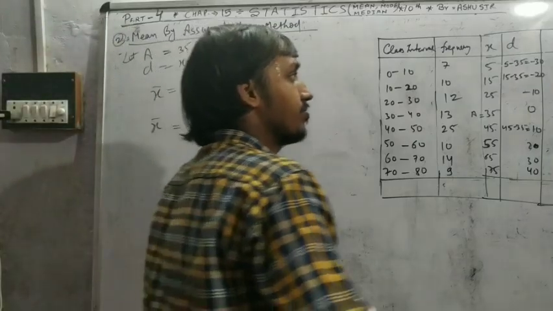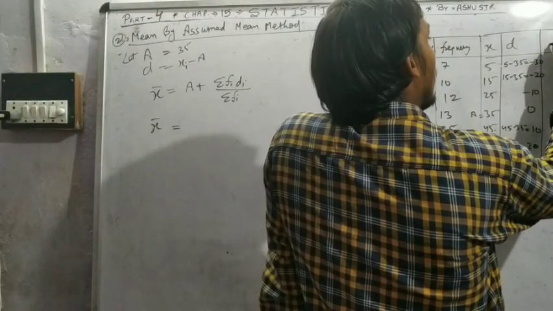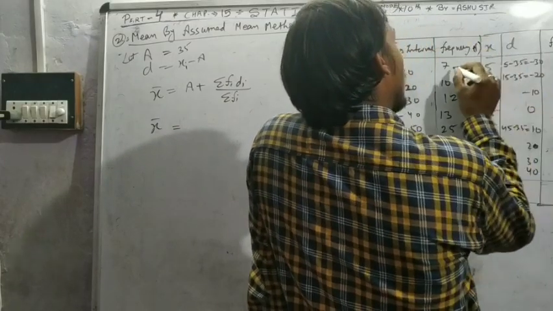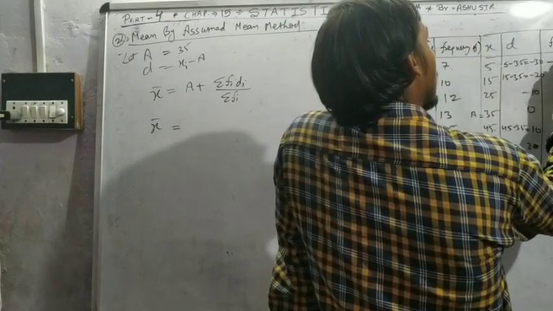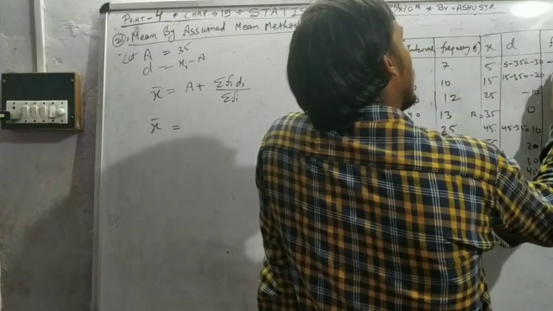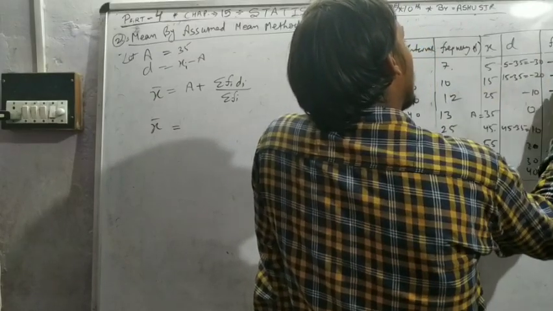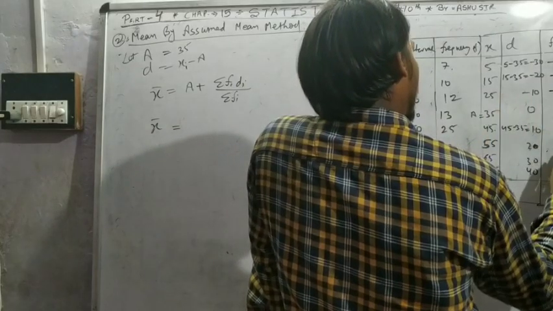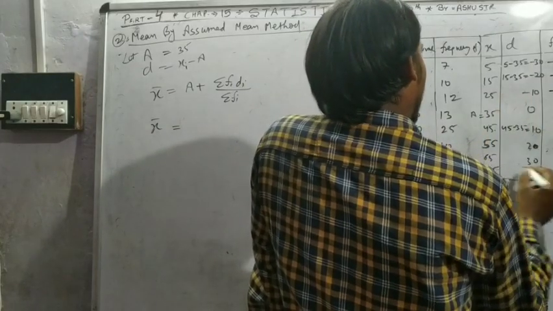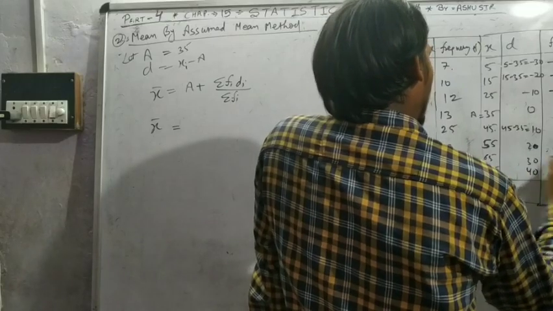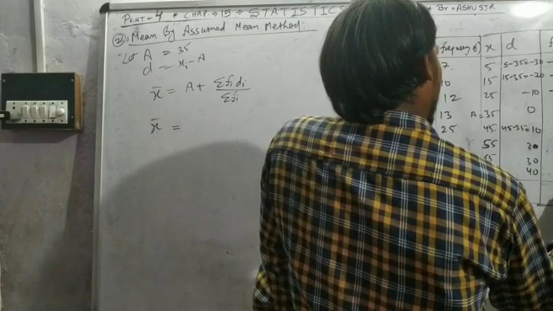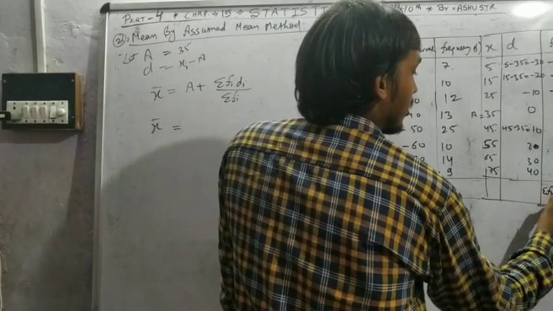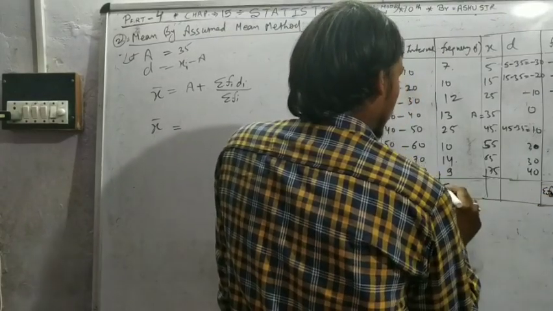Then find fd, that is f into d: minus 210, minus 200, minus 120, 0, 250, 200, 420, 360. Then add sigma fd and sigma f.